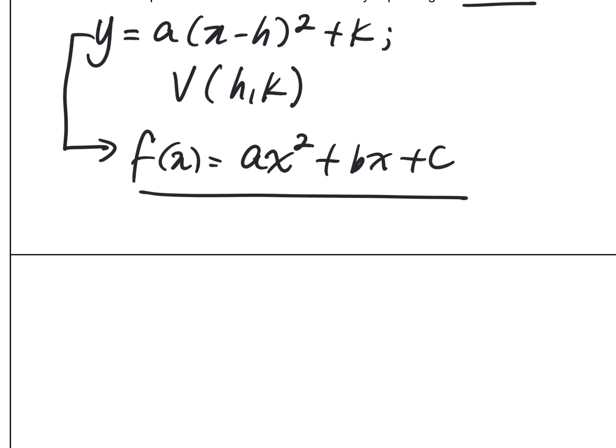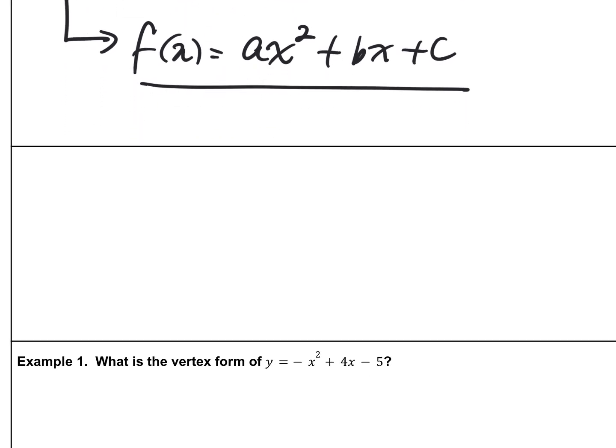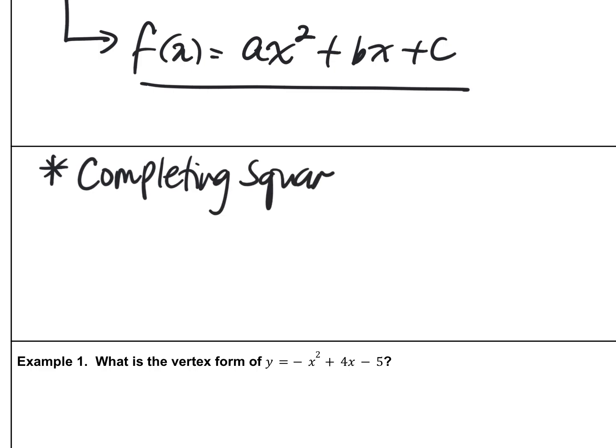Now, I also would like to remind you that one of the things that you need to perform the operations of this conversion is one of the methods in solving the quadratic functions, which is what you call completing the square. This is where your function is actually missing something.